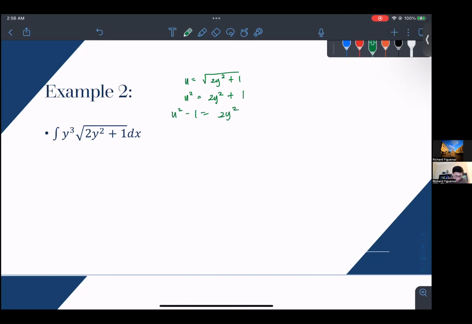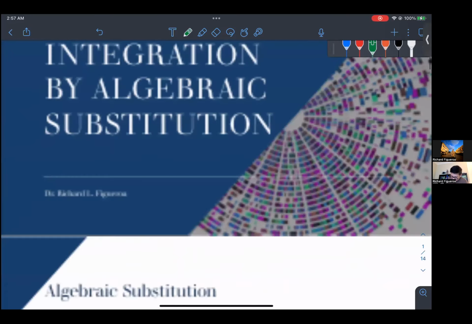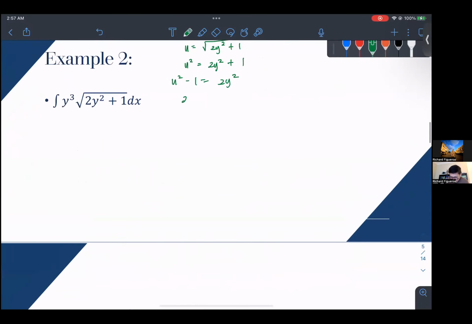And then if we derive this one, u squared minus 1, that would be the same as 2u du, and then the derivative of 2y squared would be 2 times 2, so it's 4y dy.